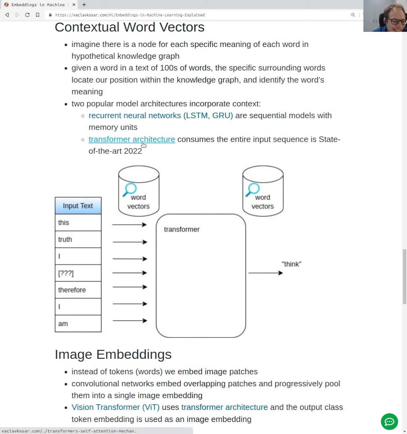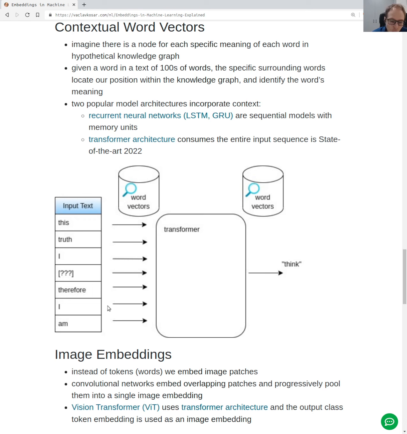And something like this can be reproduced a little bit in computers, where we cannot just work with the word on its own and do simple summing of the surrounding vectors, but instead we do something similar at the beginning.